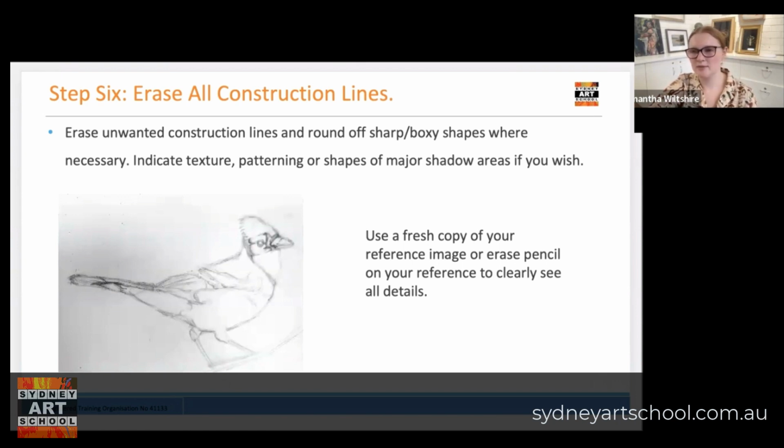Because sometimes when we put in our scaffolding, when we're mapping in all those construction lines, it can actually cover subtle details to do with the edges of shapes. And we really want to see hard and soft edges and that information so that we're able to prepare ourselves for when we're later going to go in with more tonal work and more subtlety.